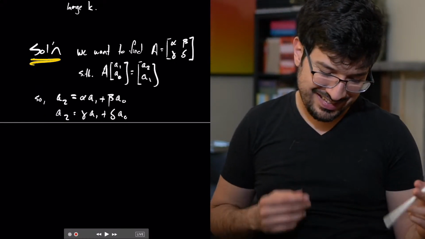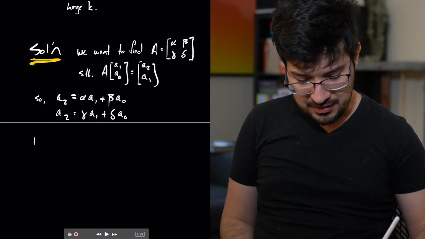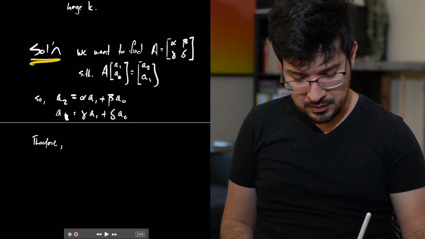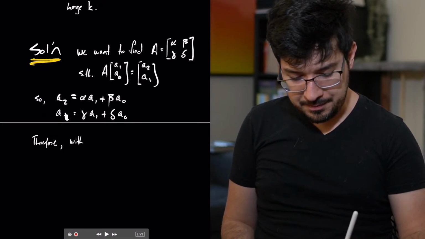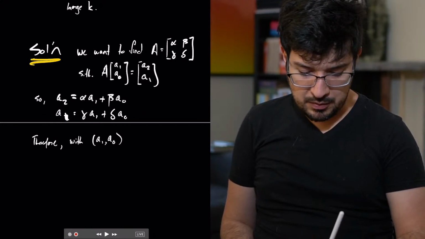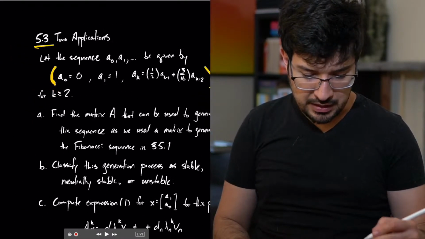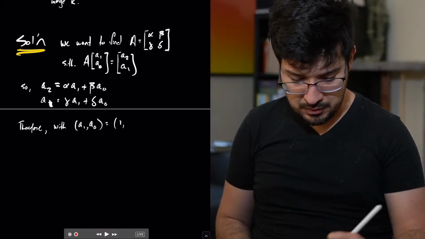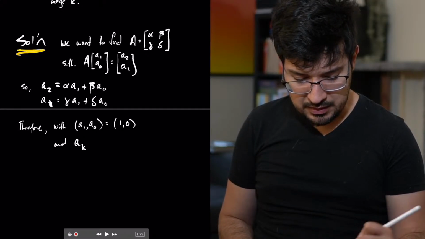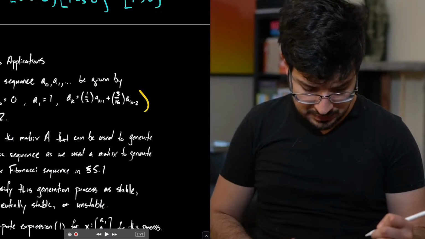I don't know if going to Greek letters was any better. Therefore, with our initial vector of 0, 1, and a_k is 1/2. Here, let's copy this.